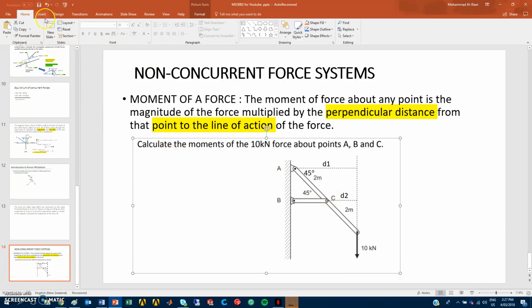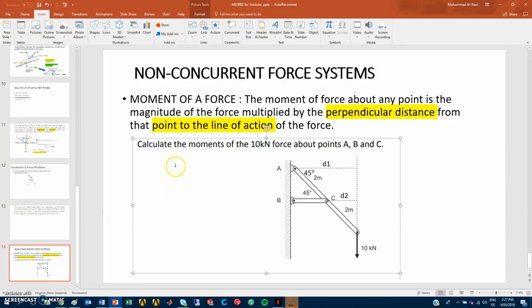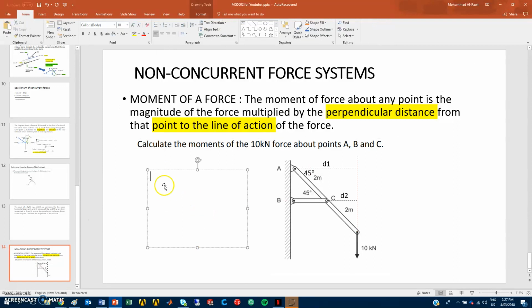Now, how can we find the values for D1 and D2? Let's try to solve this one on this side. D1 equals 4, that's the distance from this point to this point, which is 2 plus 2 equals 4, times cosine of the angle 45.